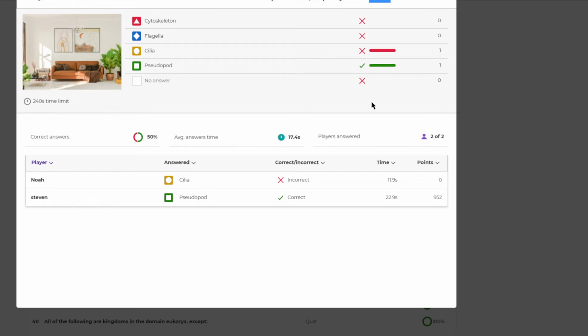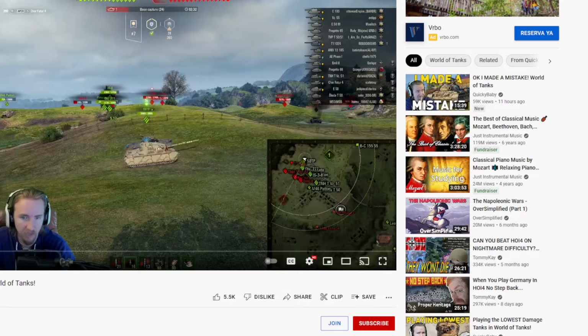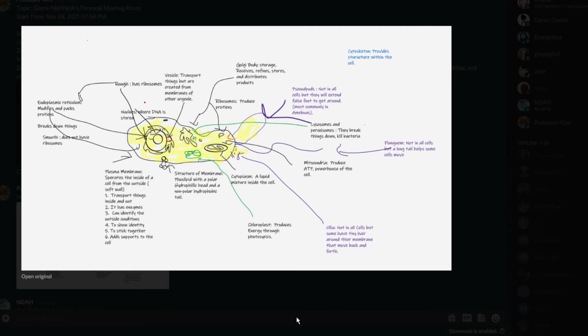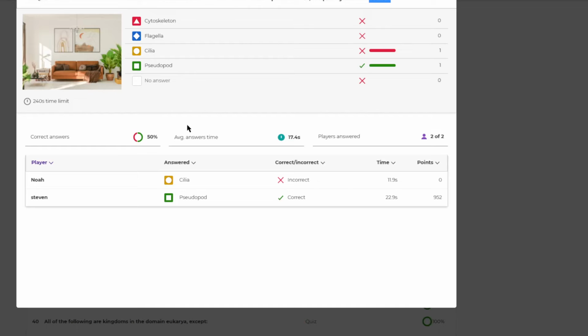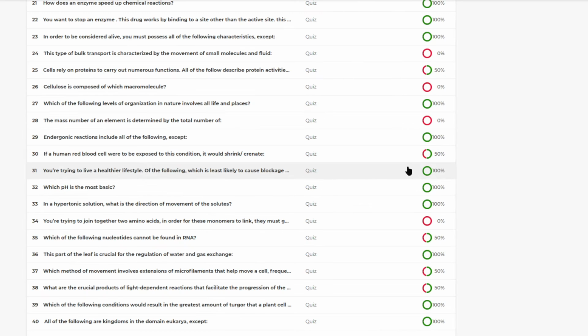Not all cells, but some will extend a false foot to get around. Most common in amoebas. Cilia are tiny hairs all over that help them move. Pseudopod, false foot. Those two words go together.